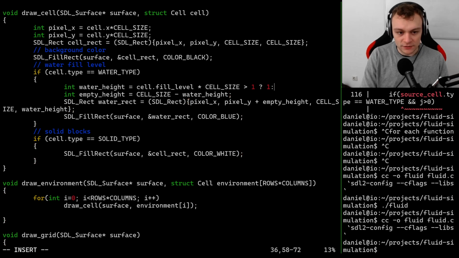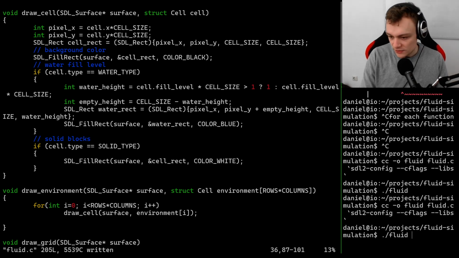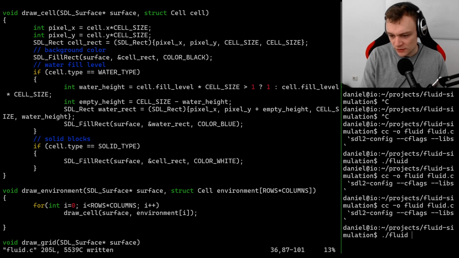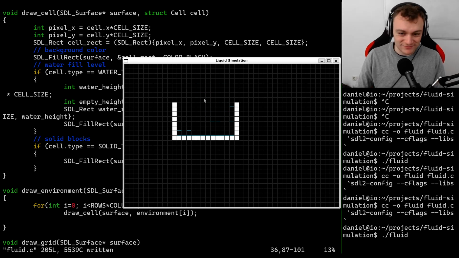If yes, then it must be 1, else it must be cell.fillLevel multiplied by cellSize. So this is pretty much capping the fill level at 1. Let's see if that changes the simulation somehow. Oh yes, it does, but I'm not sure if that's correct.